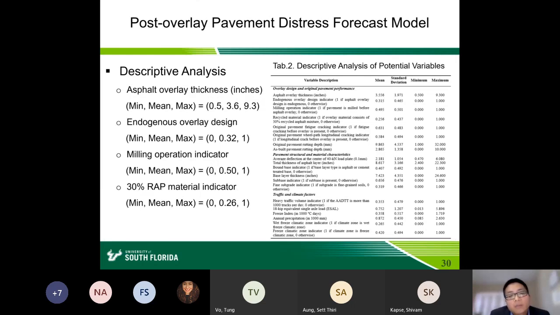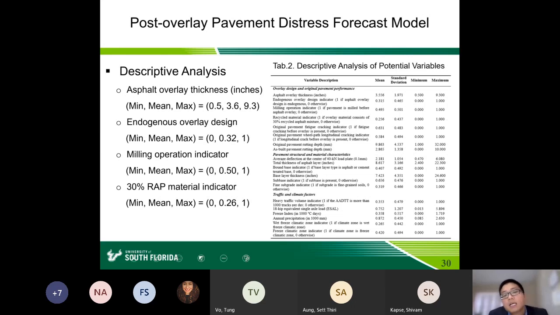This is a descriptive of the overlay design. As we can see, the overlay thickness varied from 0.5 inch to 9 inch, and about half of the AC overlay projects are milled before paved.